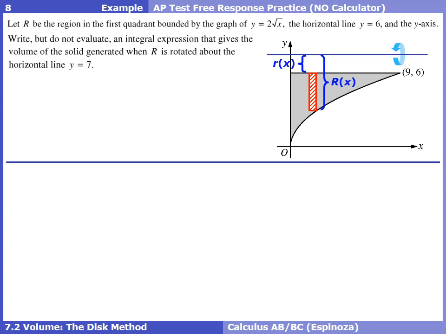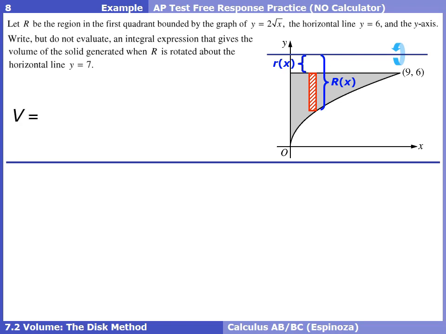So again, little r goes from the axis of rotation to the point closest away on our representative rectangle. Big R goes from the axis of rotation to the point furthest away, which is again representing that washer that we're using to add up an infinite amount of to find the volume.